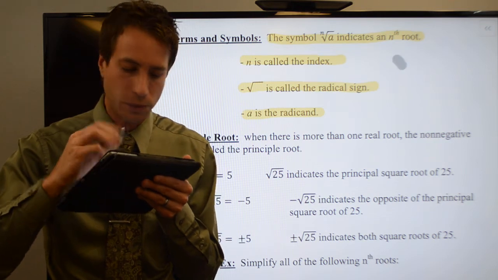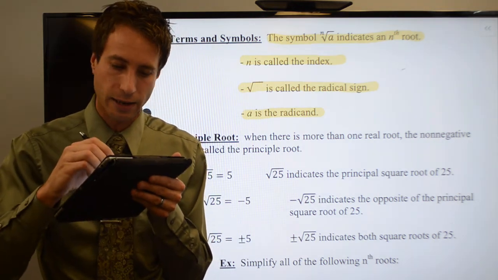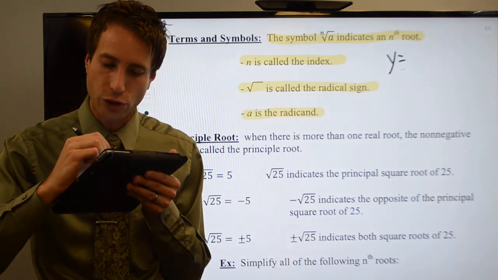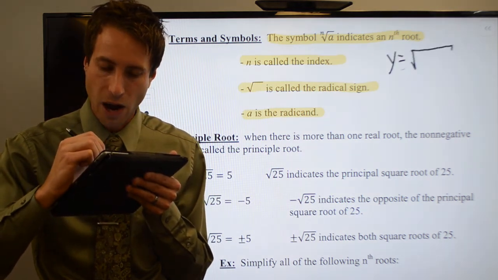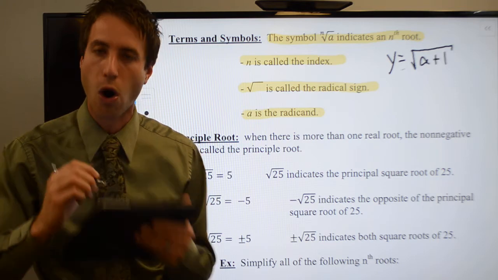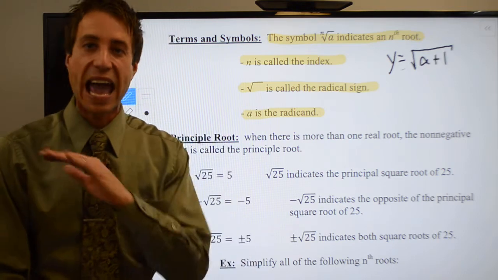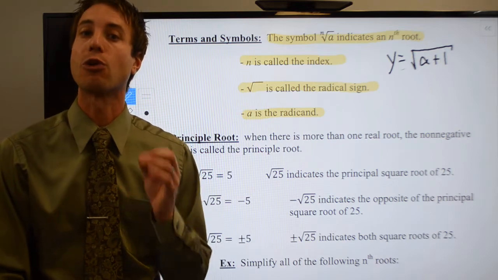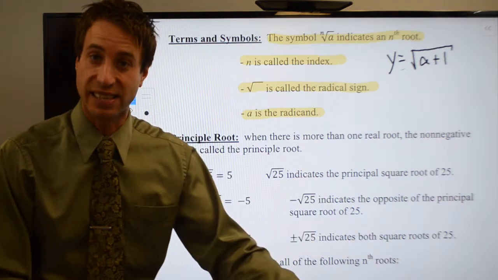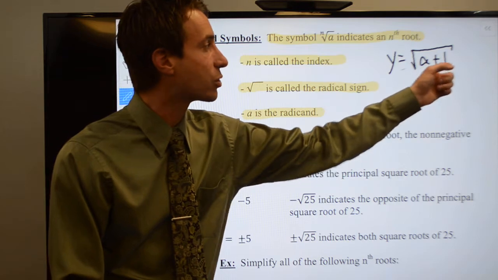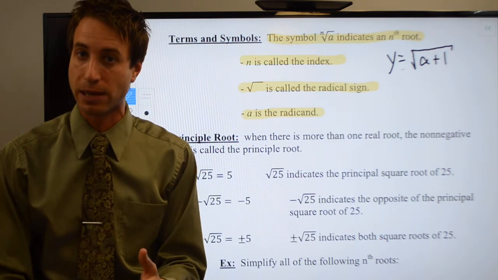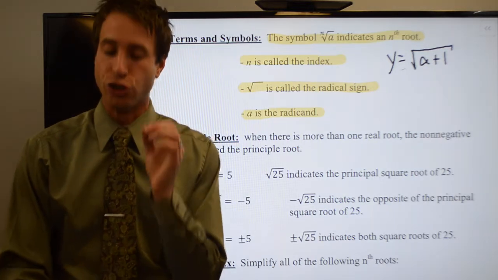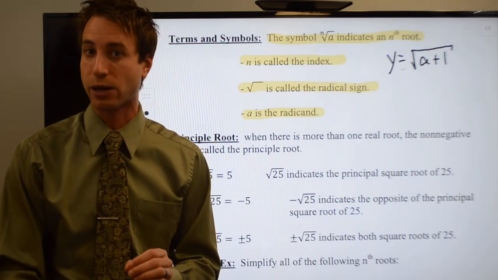If I were to give you, sorry, not my highlighter, find my marker, there it is. y is equal to the square root of a plus 1. Everything underneath the radical is going to be what we call the radicand. So in this case, I have an a plus 1 underneath the radical symbol, so a plus 1 would be my radicand. But it's just what's under the radical sign, right?